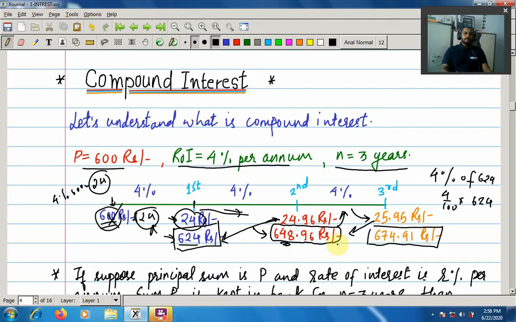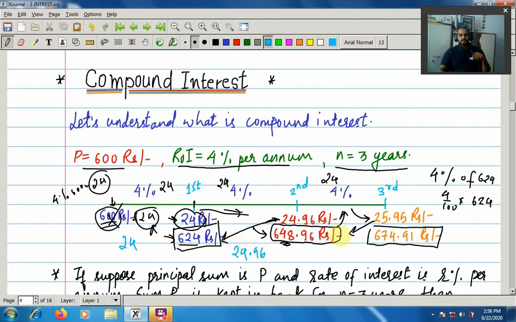Can you see the difference? Every year, for simple interest, my interest amount was 24 rupees, 24 rupees, 24 rupees. But in compounding, what happened? For first year, my interest amount was 24 rupees. Then my interest amount for second year was 24.96.